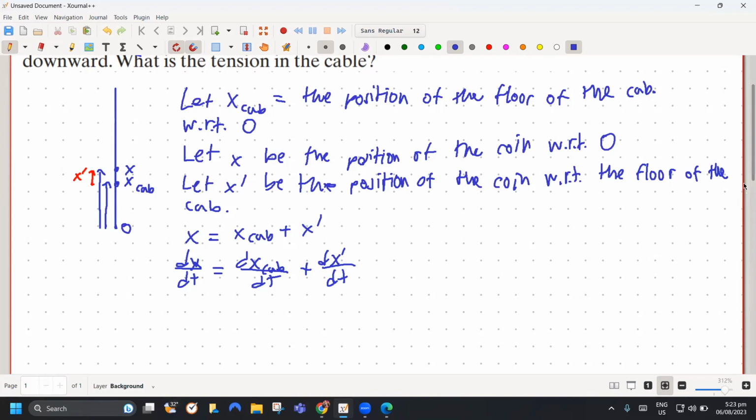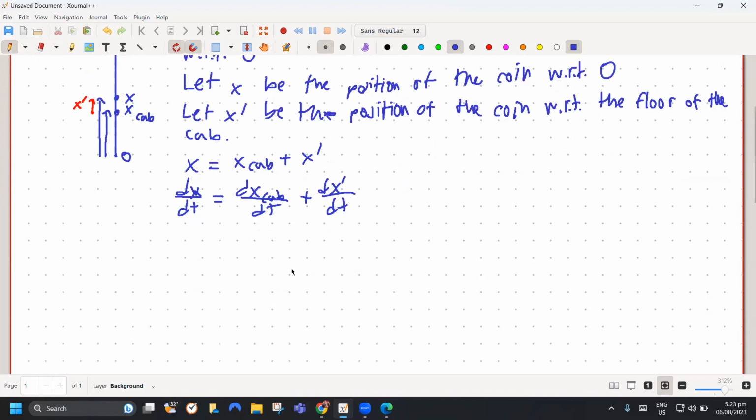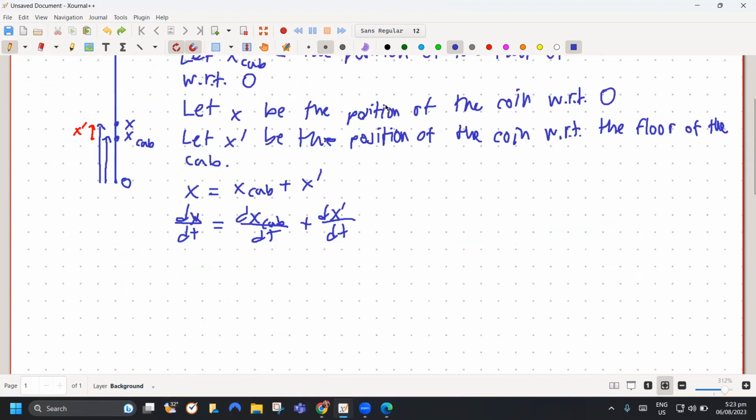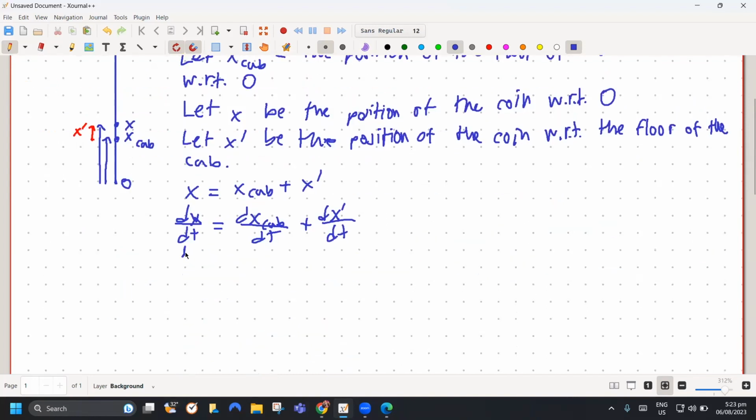Write it down. So, i-interpret natin. Velocities yan, di ba? So, yung dx/dt is just v equals v cab plus v prime. Okay, differentiate again. Ano makuha mo?